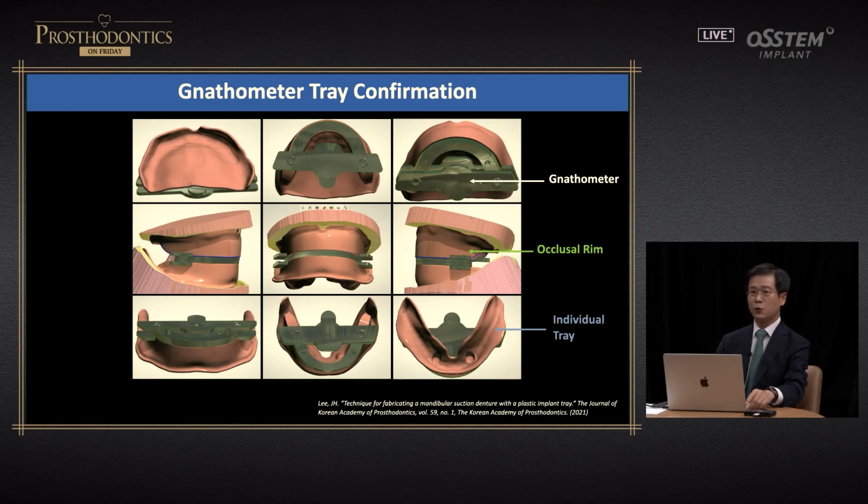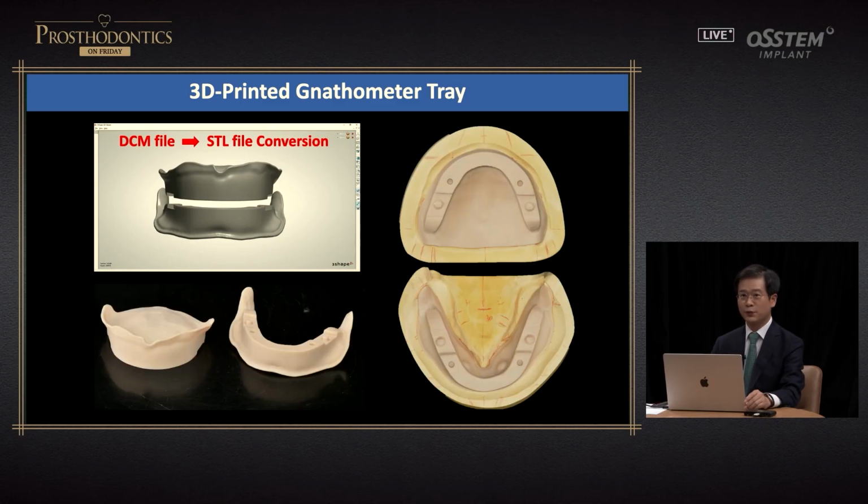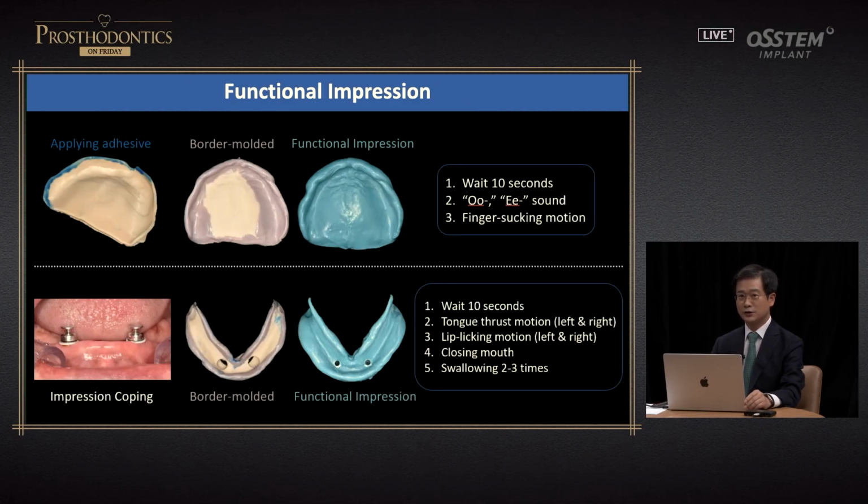At the same time, on the upper and lower, there's a transverse on the occlusal plane, even on the interpupillary line. So when you take anatomical registration in the mouth, it actually helps you bite into it more comfortably. Then you take a functional impression.